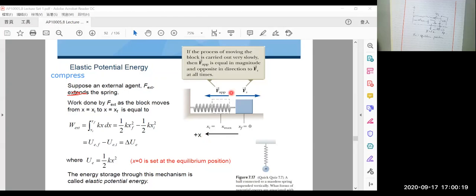If you push it very slowly, then the applied force should be equal to the spring force. You are not accelerating it, you're just storing energy in it. So the two forces would be just equal to one another.